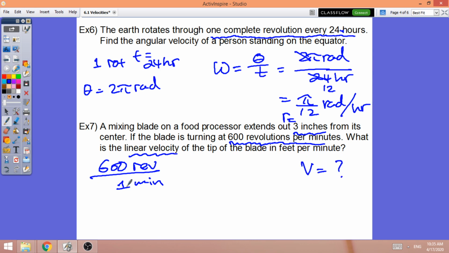So first thing you want to do, you want to convert that 600 revolutions per minute to angular velocity, or convert that to theta first. So theta equals 600 revolutions per minute times 2 pi over 1 rev. Well, basically this one will give you not just theta, but actually omega, because that involves time.